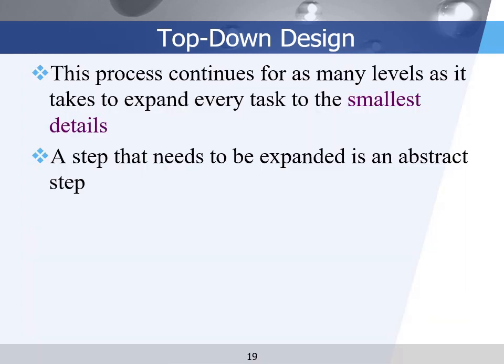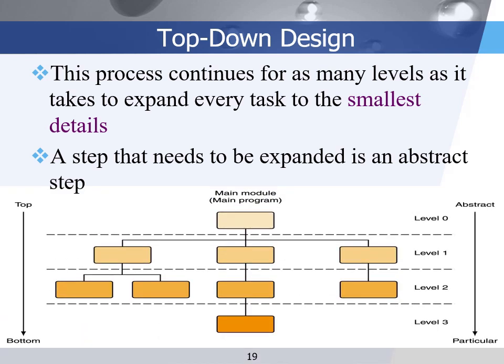This process could continue through as many levels as needed until each module is small enough to design the solution. If the modules need to be explained further, it's called an abstract step. It's not a concrete step. The lower level modules are concrete steps, and the upper level modules are abstract steps.